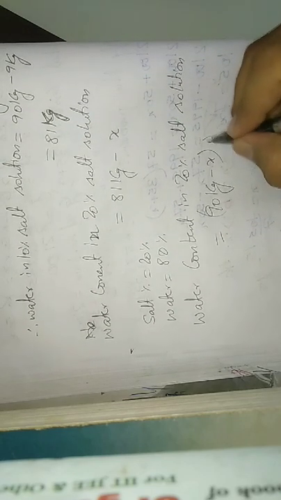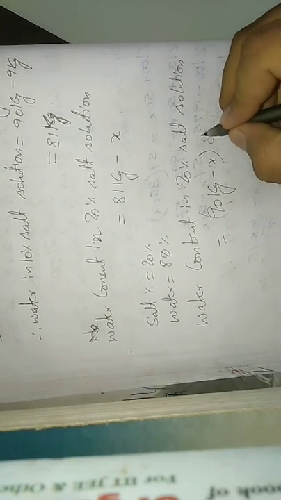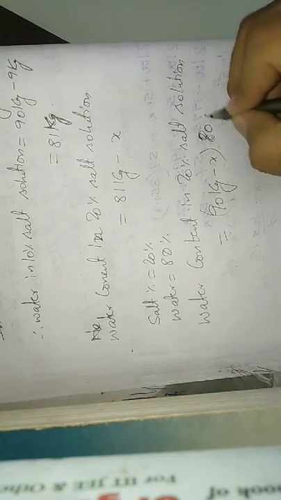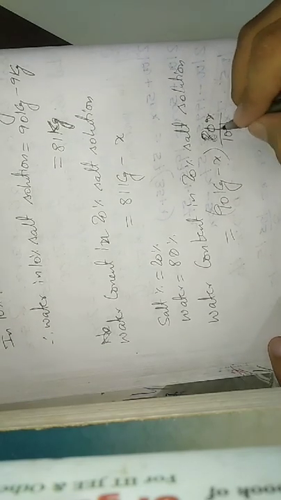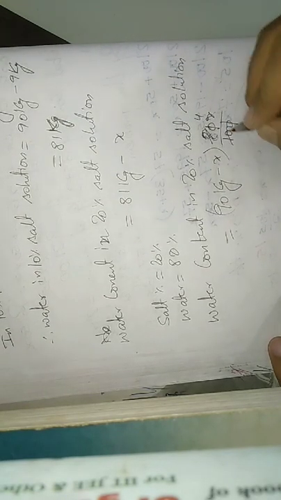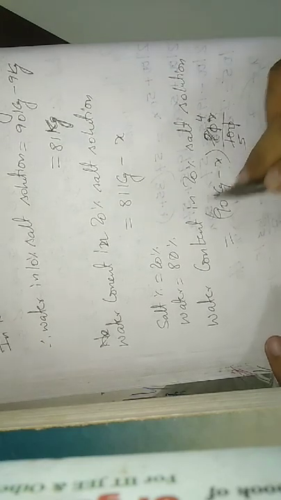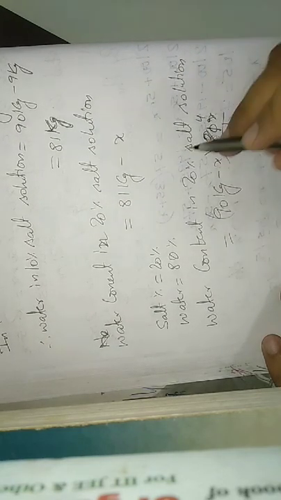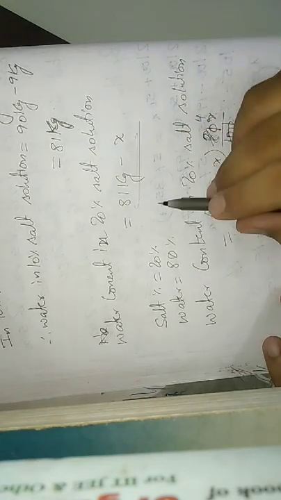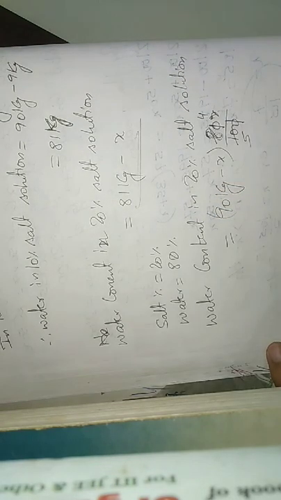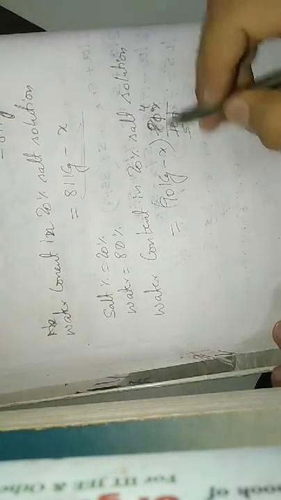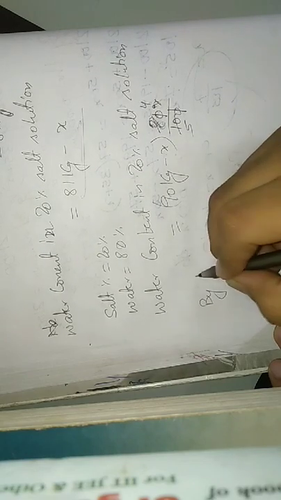So what is the water content now? 80%, correct? 80% is the water content. 80% means 80 by 100. 2 4s are 8, 2 5s are 10, so I've simplified it. So this is the water content on total volume, and this is the water content only on the quantity of water in the 20% solution. So now by the problem both of them are equal.